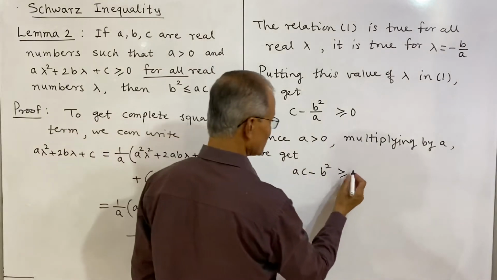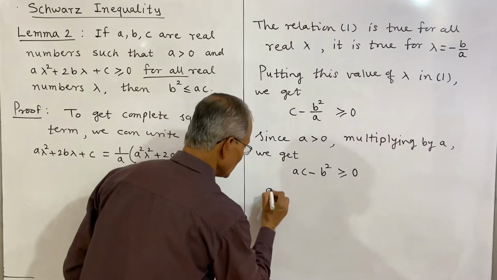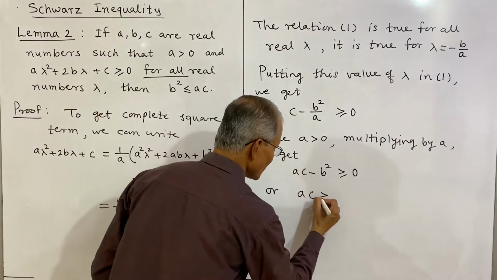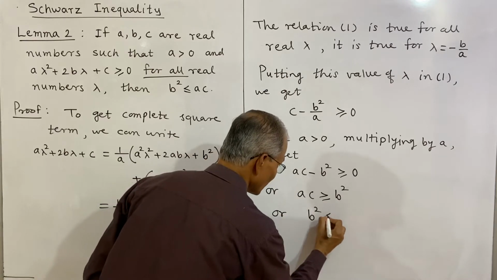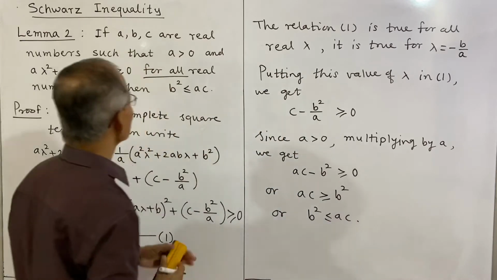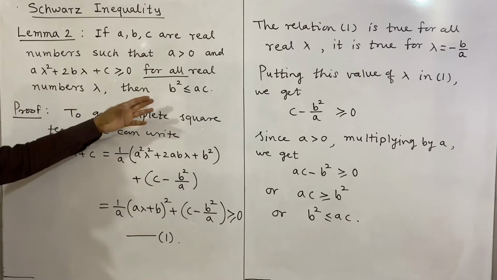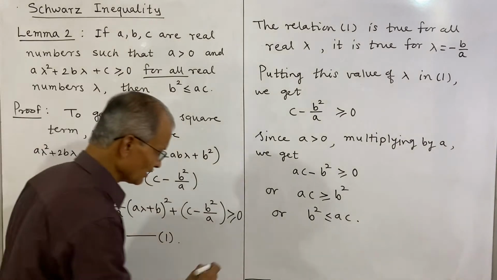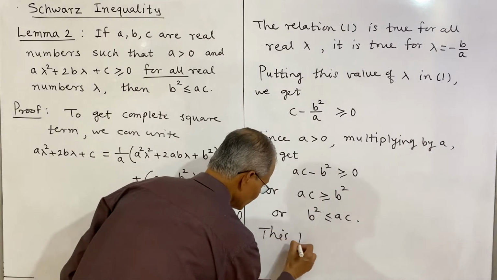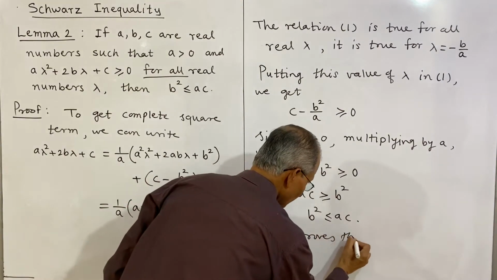This means AC is greater than or equal to B square, or B square is less than or equal to AC, and this proves the result. So this is what we had to prove: B square is less than or equal to AC. So the result is simple, and this proves the lemma.